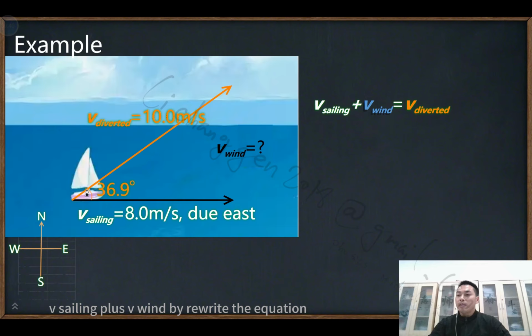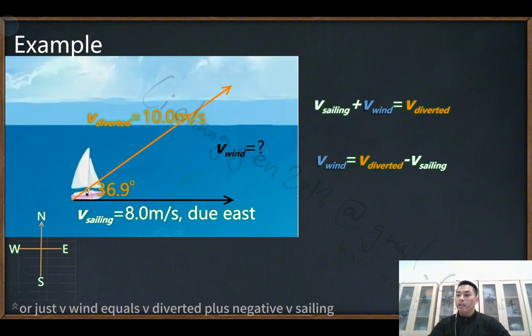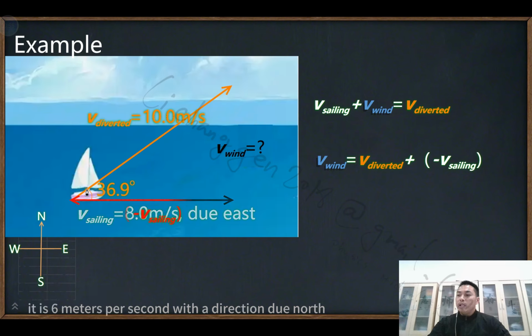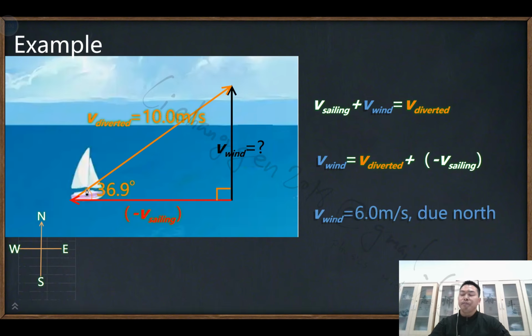By rewriting the equation, we get v wind equals v diverted minus v sailing, or just v wind equals v diverted plus negative v sailing. And then we can use the triangular law. The velocity of the wind is obtained. It is 6 meters per second with a direction due north.